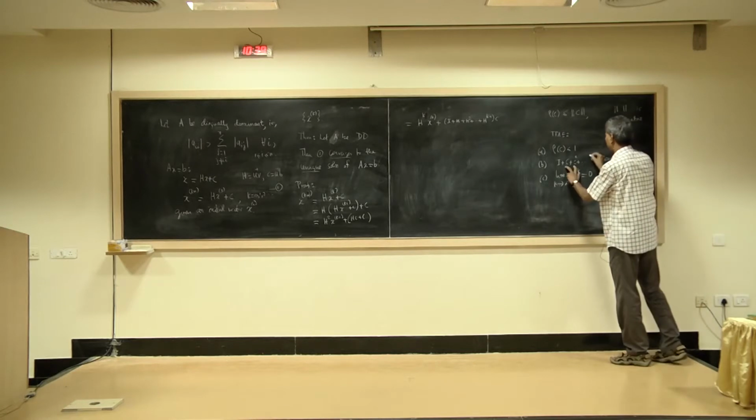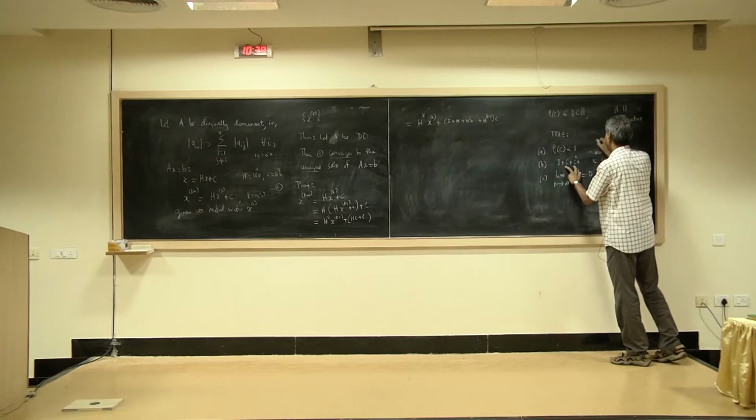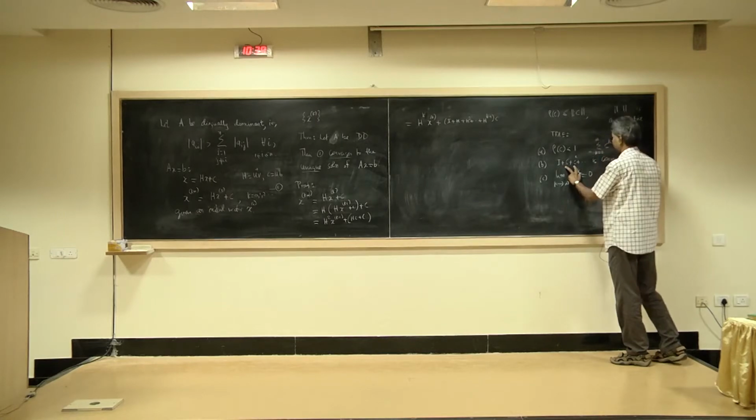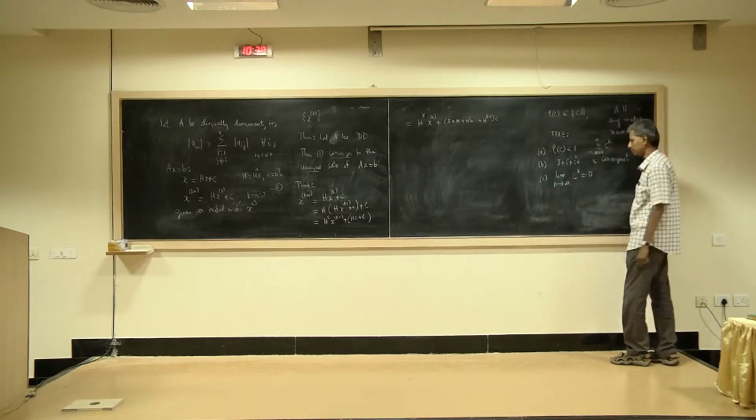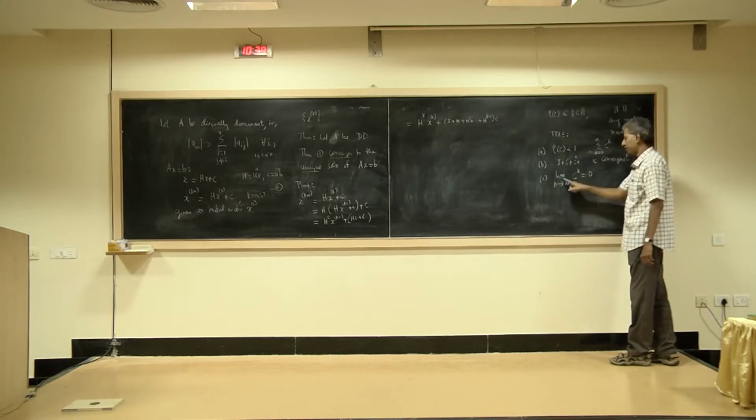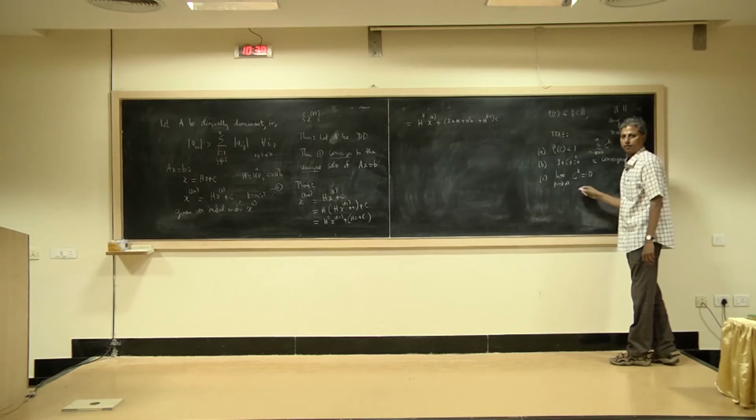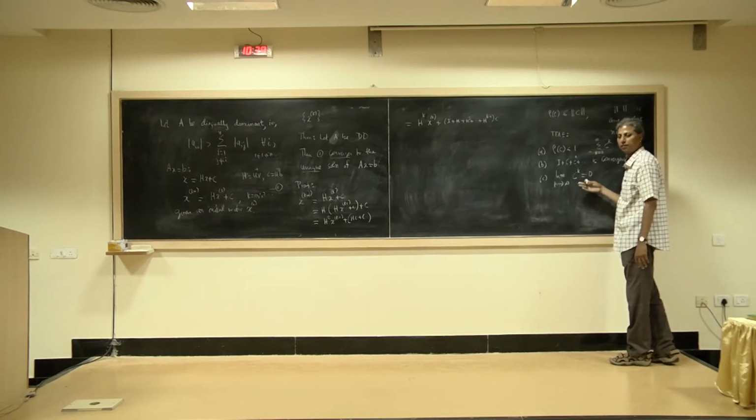Now this series is what? This is the summation k equal to 0 to infinity of C to the k. That's the series. The statement is that the nth term goes to 0. By the way, when I take the limit, it is a limit taken with respect to any matrix norm.